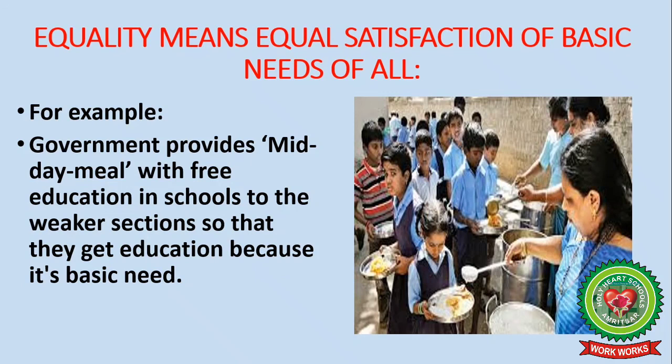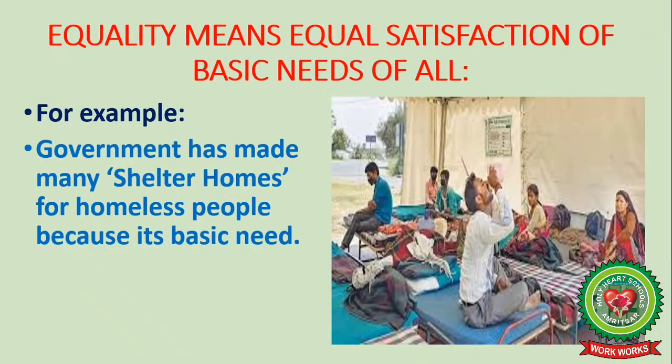Yes, children are provided. Which children are provided? Which are belonging to the weaker sections. Yes, why does the government provide? So that the society is uplifted. Next example is you can see in this picture, government has made many shelter homes for the homeless people because it's a basic need.